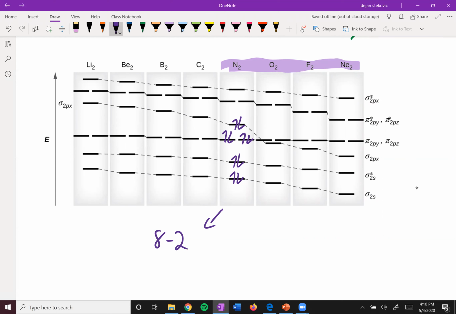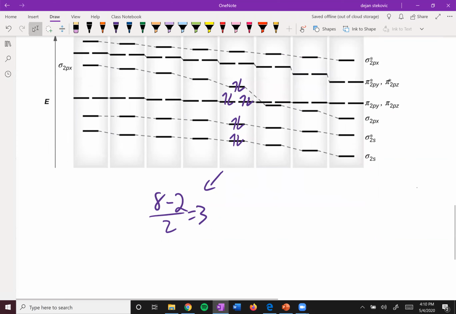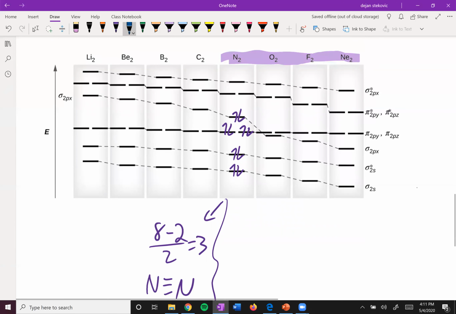These are the only 2 in anti-bonding orbitals. So 6 minus 2, and then don't forget to divide by 2, is equal to 3. So MO theory predicts that N2 will have a bond order of 3, which if you think about Lewis structures, yep, that agrees with that, and it agrees with it experimentally as well.